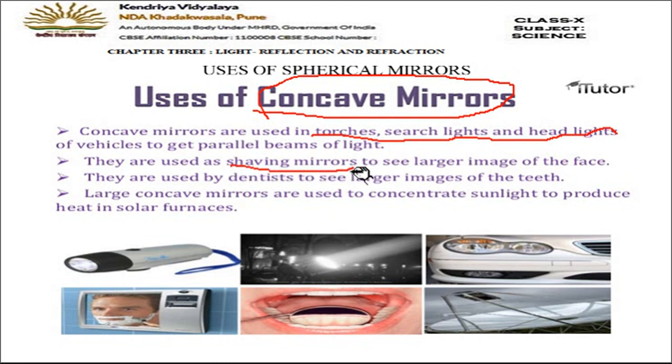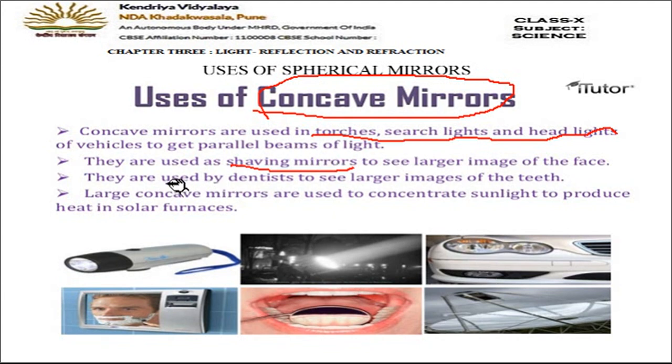Now they are used as shaving mirrors. Why shaving mirrors? Because in the case of a concave mirror, if the object is kept very close to the mirror, and while someone is shaving the face has to be kept very close to the mirror, it forms a virtual and erect image which is enlarged in size. That's why it is used as a shaving mirror.